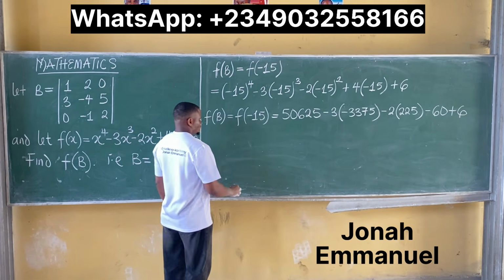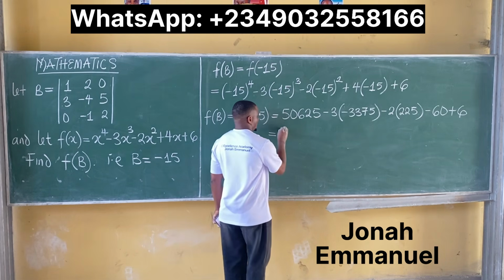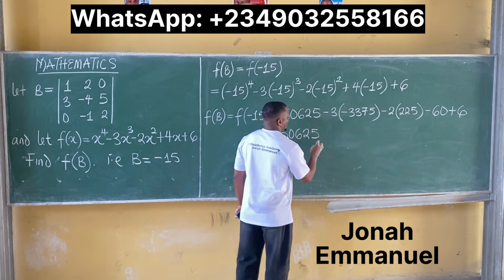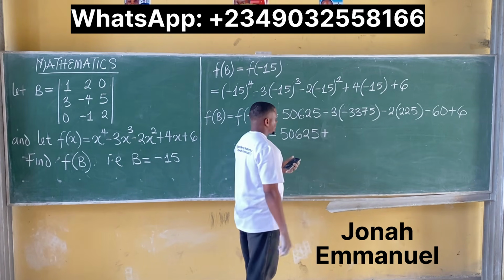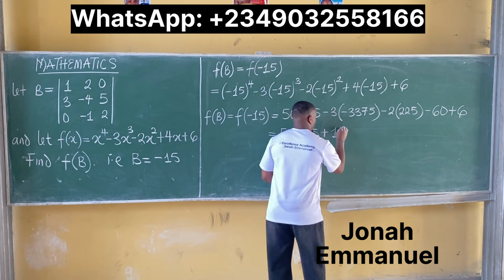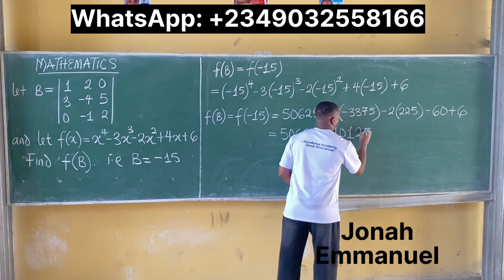This is now equal to 50,625. Next, minus minus is plus, 3375 times 3 gives you 10,125.